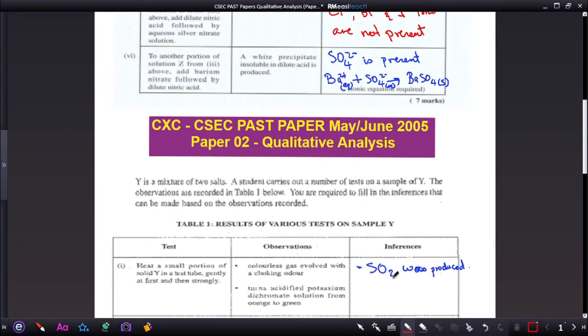And if the sulfur dioxide gas is produced, it simply means that the SO3 2- ion is present. Okay.